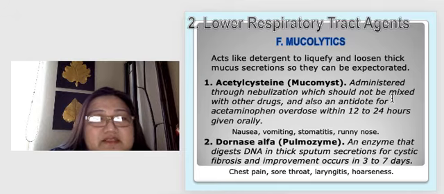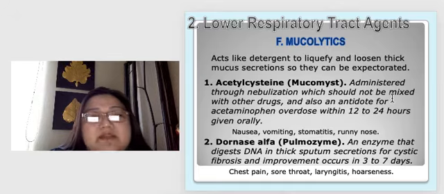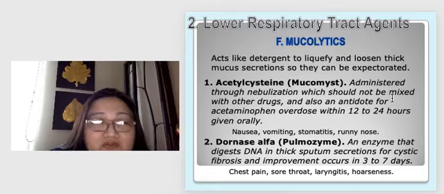Acetylcysteine is administered through nebulization. It should not be mixed with other drugs. So, it's Mucomyst, kaya niyang i-liquefy yung mga malalapot na secretions sa lower airway para madali siyang ma-expel.